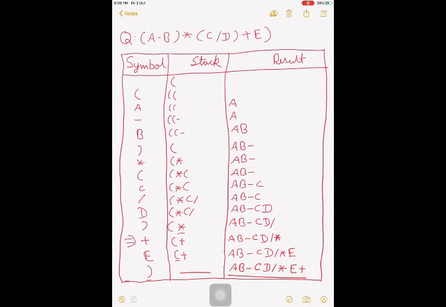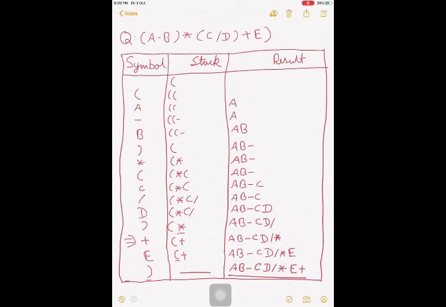In this question each and every step is very important. If you miss out a single step, your result will never be correct. So you must first understand the entire algorithm. You must be clear with each and every step of the algorithm, and only then proceed with the questions of conversion from infix to postfix.